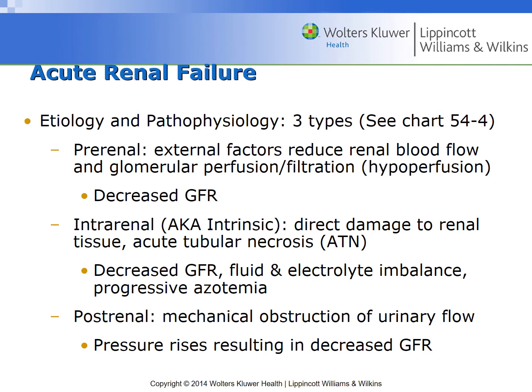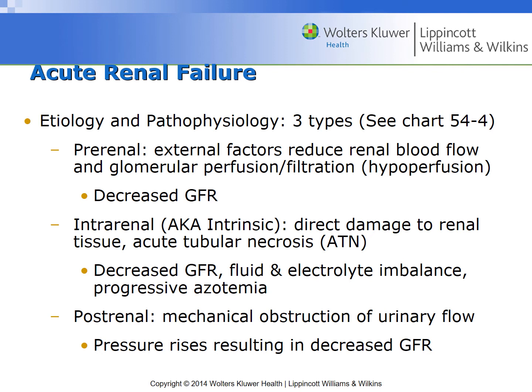Now the intrarenal cause is also known as intrinsic. That is direct damage to the renal tissue, such as the glomerulus or the nephrons. Another diagnosis you may see is acute tubular necrosis, and that is damage to the tubules of the kidneys.